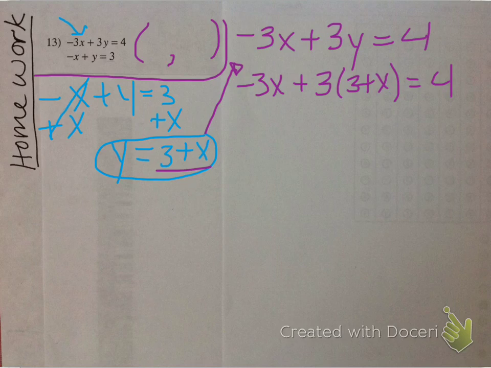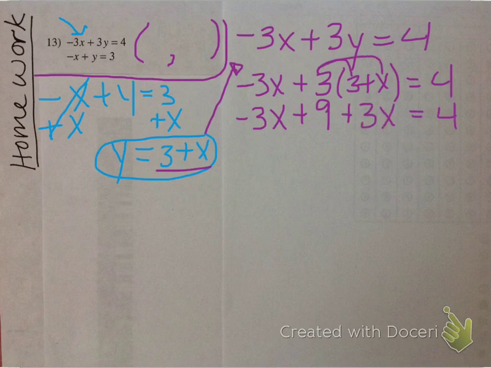Since I only have x in this equation, I can now get a value for x. So negative 3x plus, and I'm going to start with my parentheses here. So 3 times 3, 9. 3 times x is plus 3x equals 4.